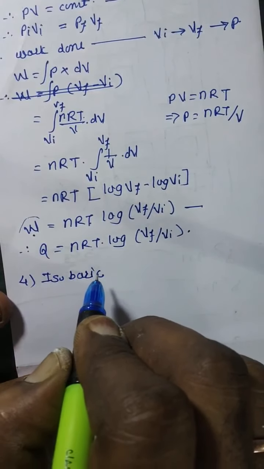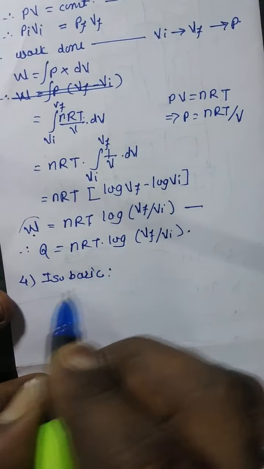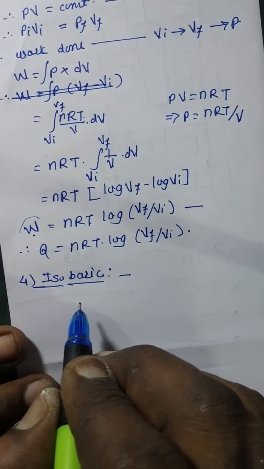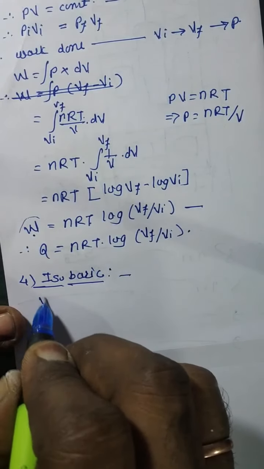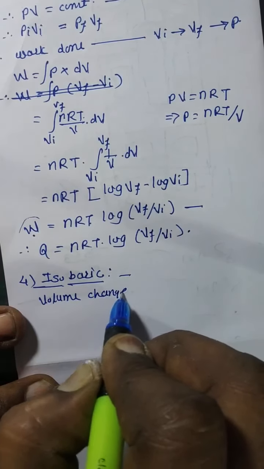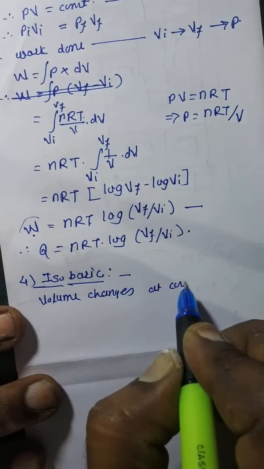Isobaric process. A thermodynamic process in which volume changes at constant pressure.